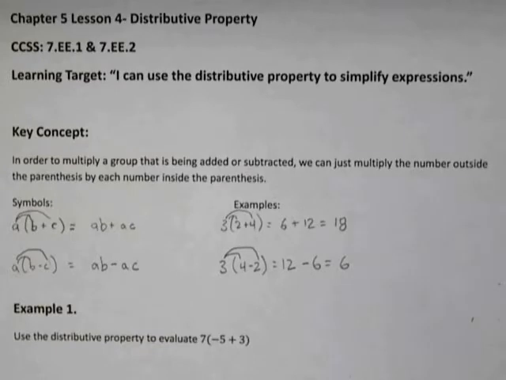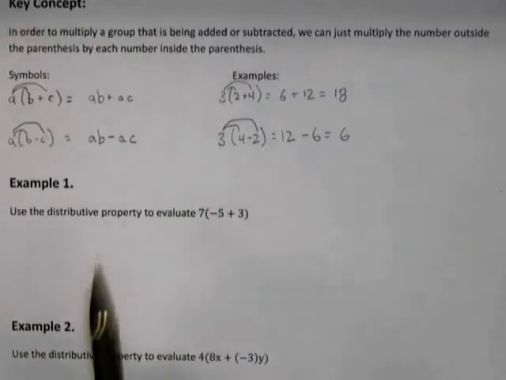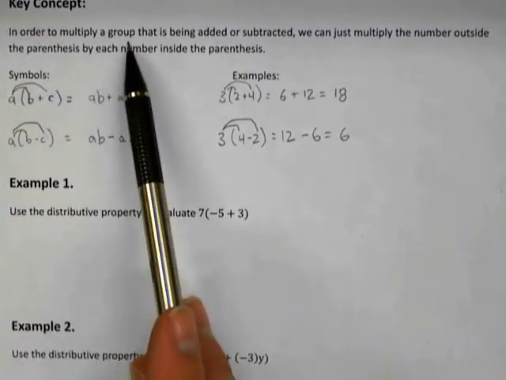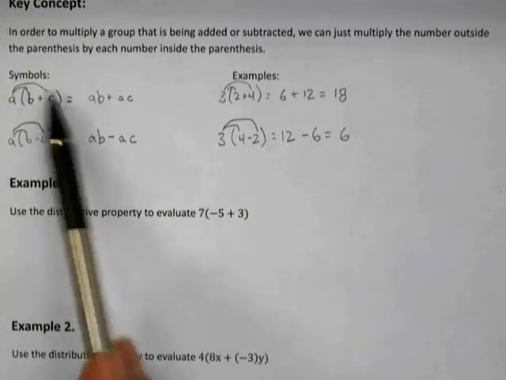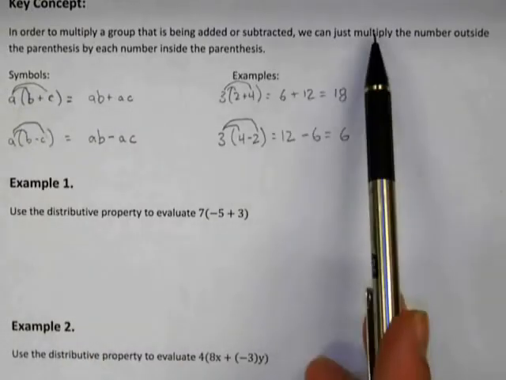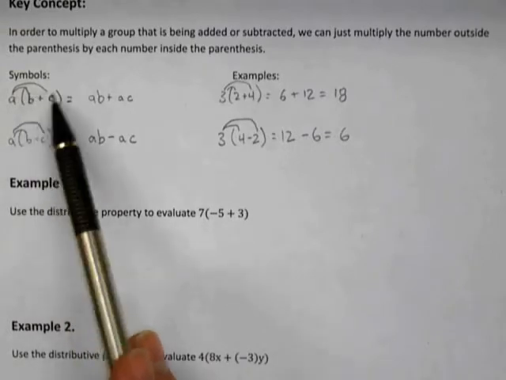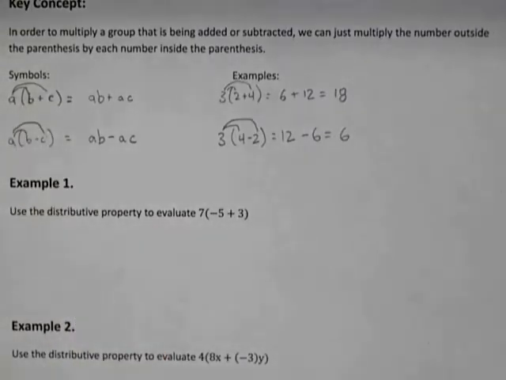How cool is that? I'm just so happy. So now if we reread through that key concept here, it says in order to multiply a group that is being added or subtracted, so these being added or subtracted, we can just multiply the number outside the parentheses by each number inside the parentheses. Okay, I think that makes a little more sense.